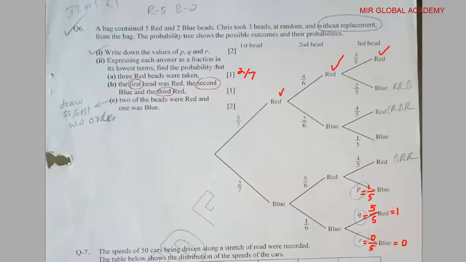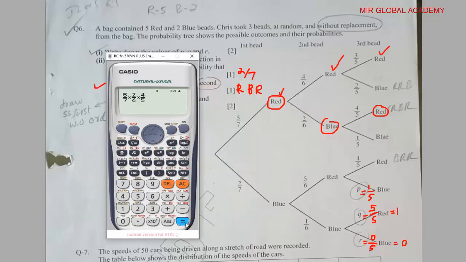These are the order numbers. So we have to maintain this order. So it will be red, blue, red. So we have to opt for this path. Red, blue, red. Now we have to multiply these probabilities. So this will give us the answer 4 over 21.